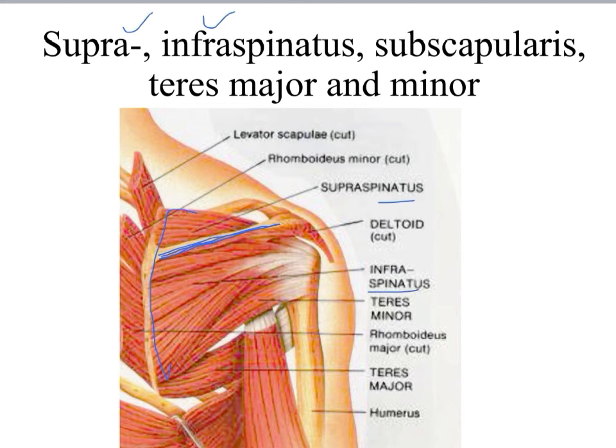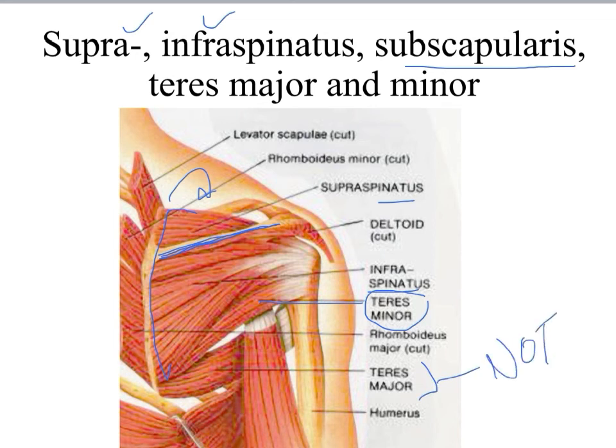On the other side, if you were looking at the underside of that scapula, you would see the subscapularis. And then you have the teres minor and the teres major. Here's the teres minor right here, and that is the fourth part of the rotator cuff. The teres major is not part of the rotator cuff.